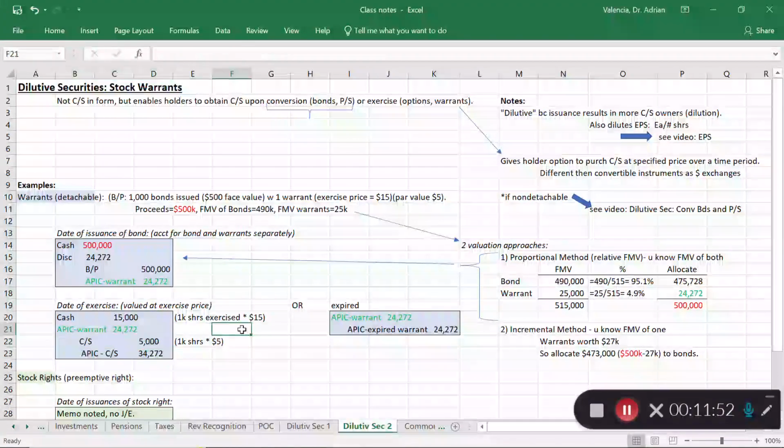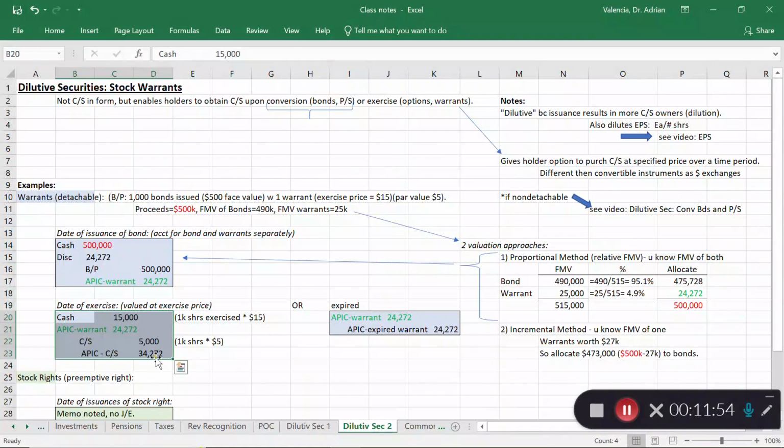Now notice that the value of this transaction, the value of what you record, is at the exercise price. Because keep in mind, for the holder of this warrant to exercise this, it must mean that the stock is actually trading at more than $15, right?